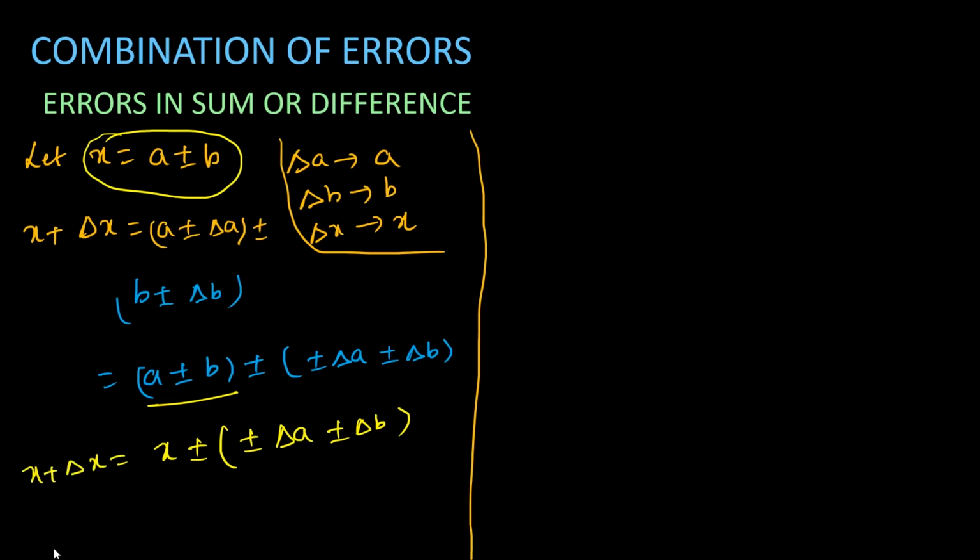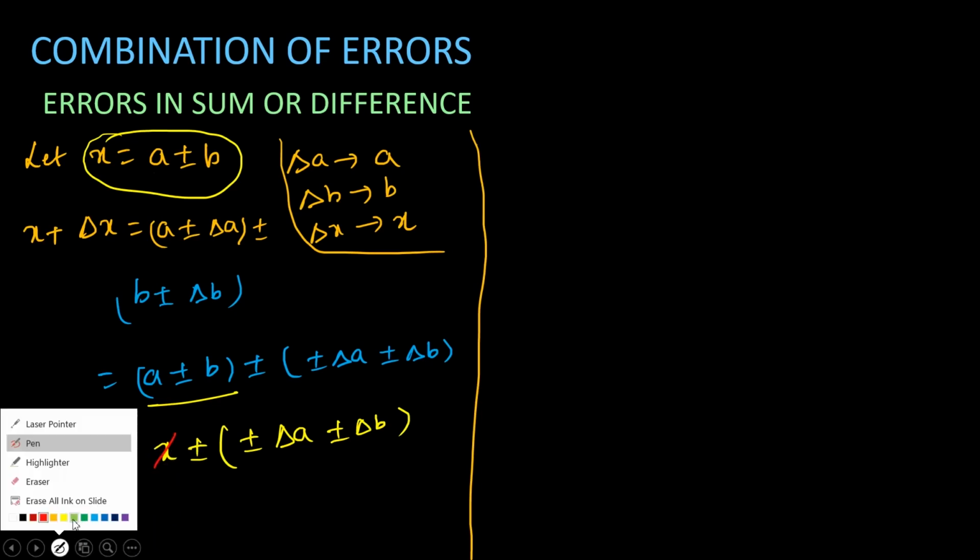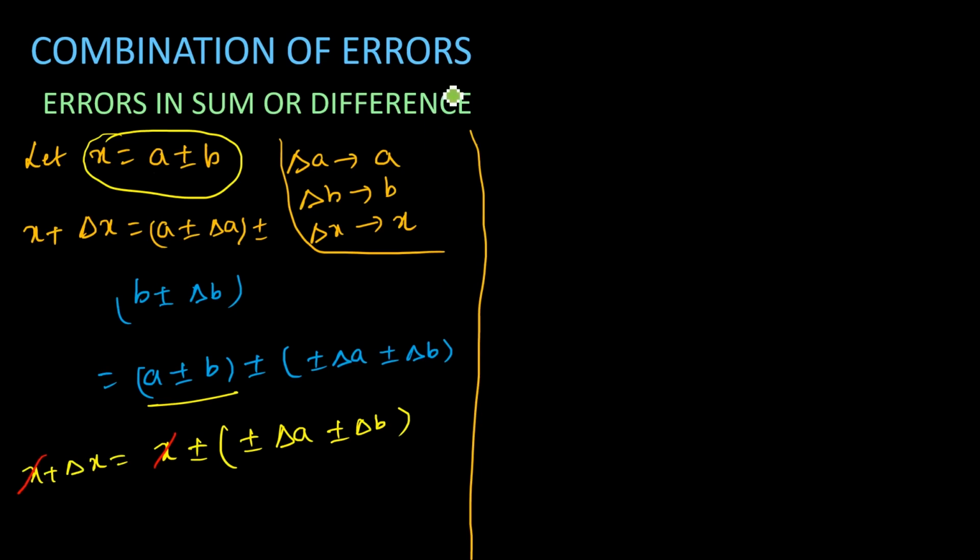So this x and this x will get cancelled. What will be the remaining? The remaining is delta x equal to plus or minus delta a plus or minus delta b.